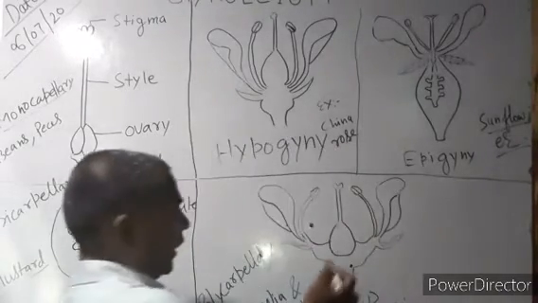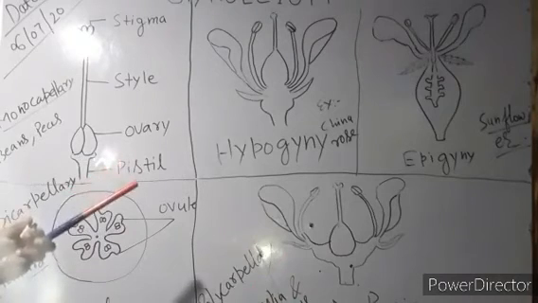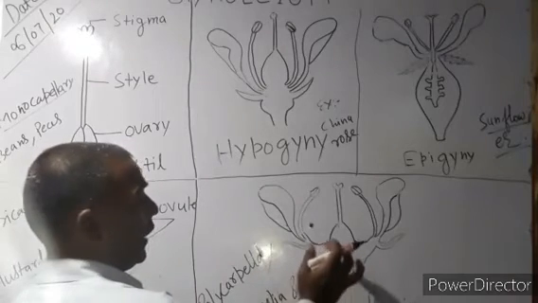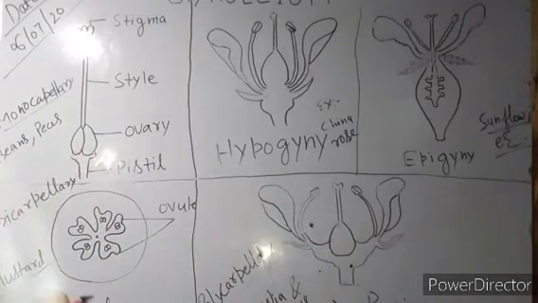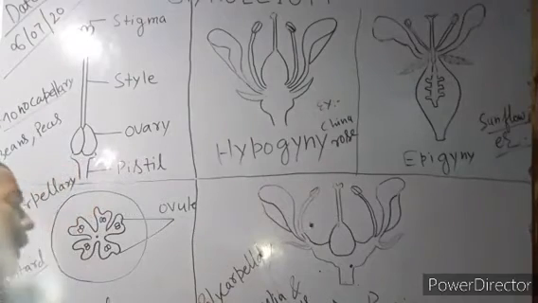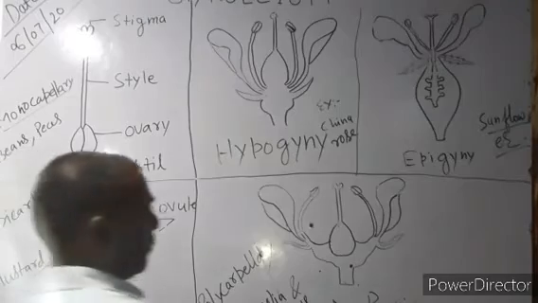Perigyny. The figure indicates that in perigyny, it is not above, not below. That means half, or you can say intermediate to the ovary. That means all the whorls arise just intermediate to the ovary. This condition is known as the perigyny condition, or the flower is known as perigynous. Examples of this flower are pea and bean.